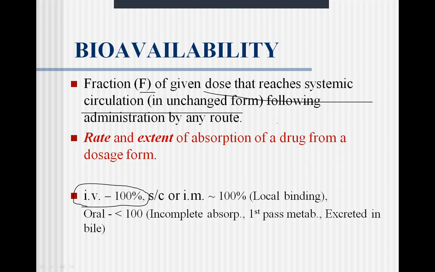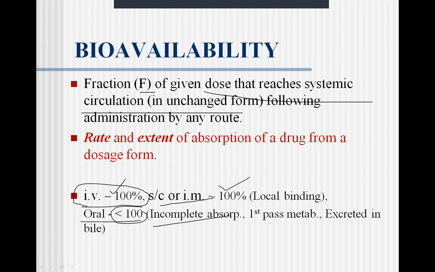Now, this fraction of the drug that reaches the systemic circulation influences the rate and extent of absorption of a drug from a particular dosage form. So IV has 100% bioavailability, subcutaneous or intramuscular routes have almost 100%, whereas by the oral route, there is always less than 100% bioavailability.